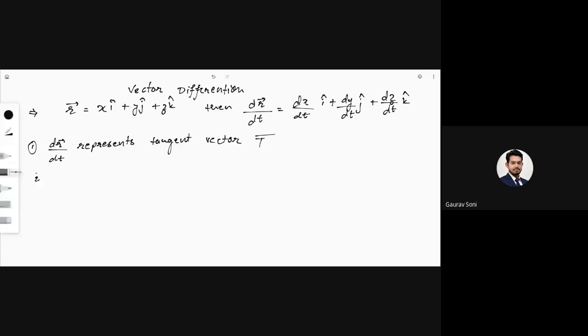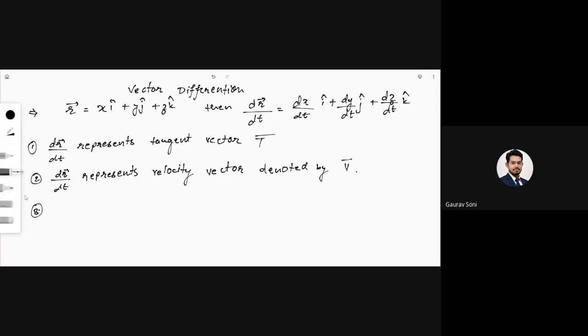Second one, dr bar by dt represents the velocity vector, which is also denoted by v bar.